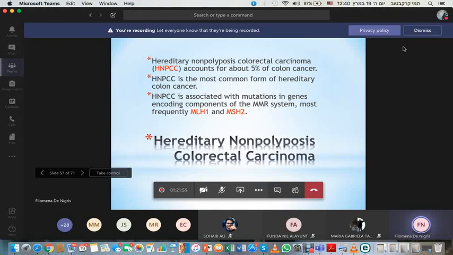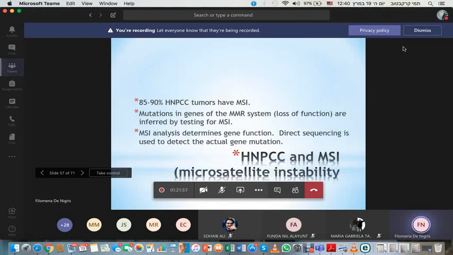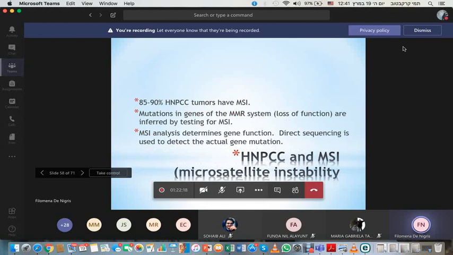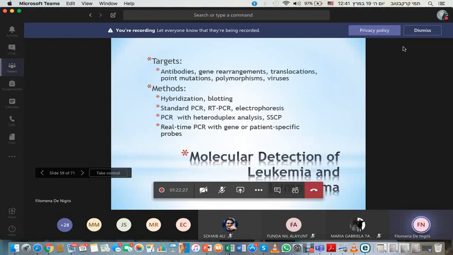These two genes give us the opportunity to make the diagnosis before the tumor develops, so we can offer the patient surgery before the tumor gives the first evidence. Also for hepatic carcinoma, we can observe microsatellite alterations.